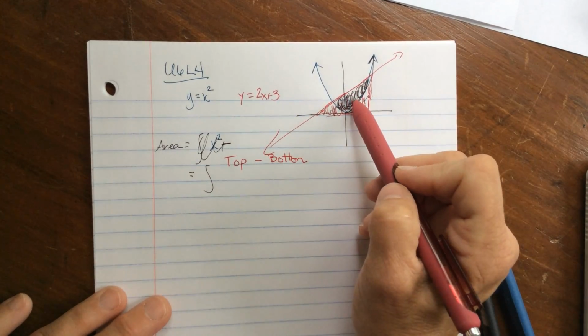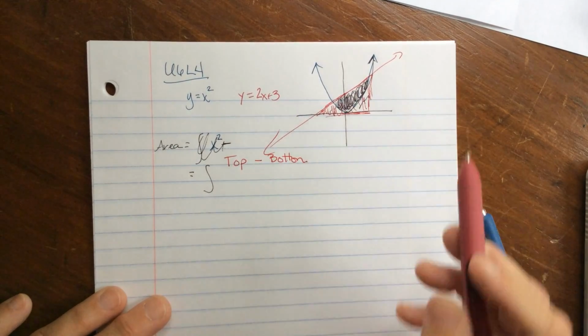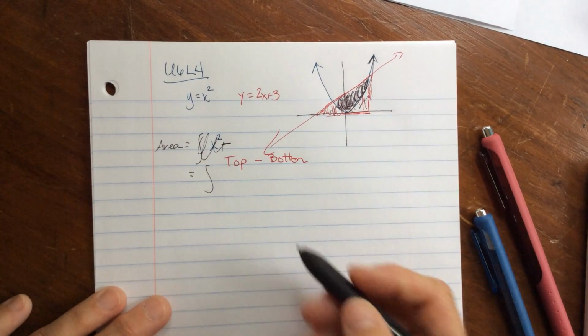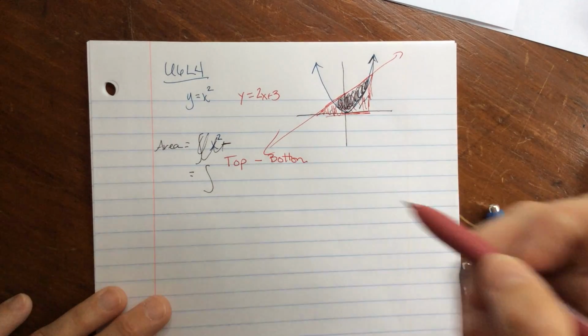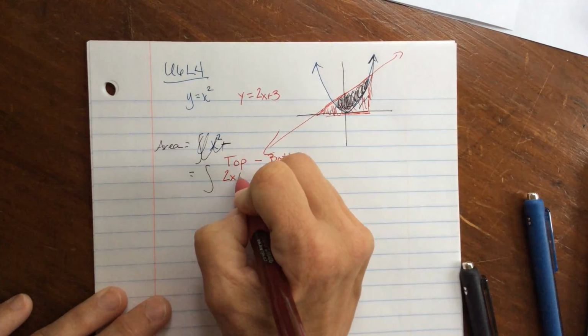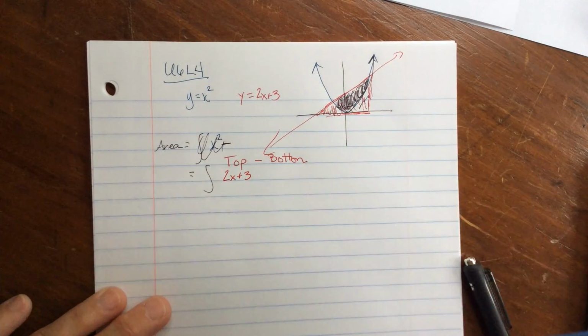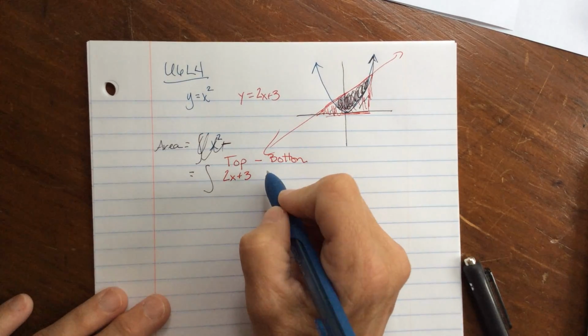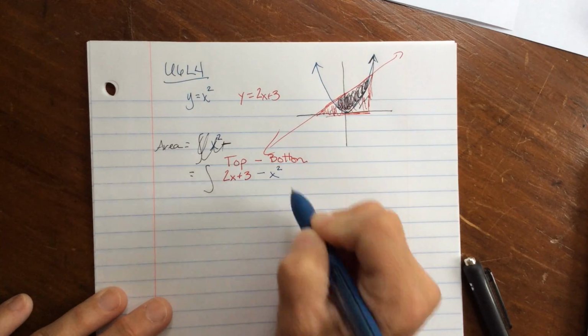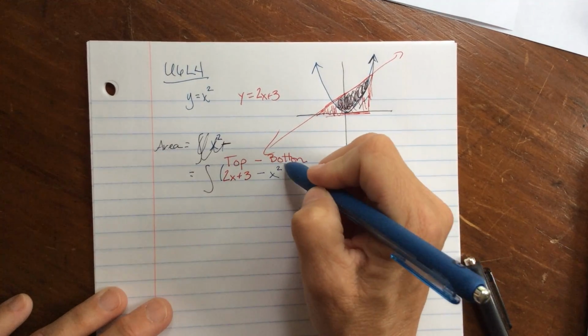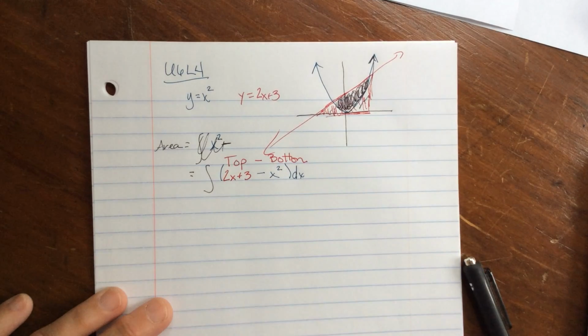That will give us the area of just this little portion in here. So the top function is 2x plus 3, and I need to subtract the bottom function, which is x squared. And since I'm working with an integral, I need my dx there.